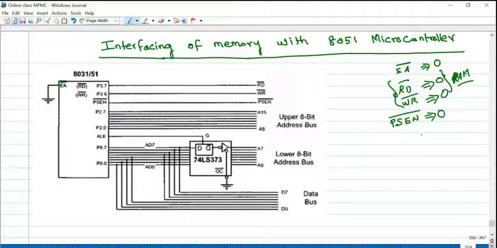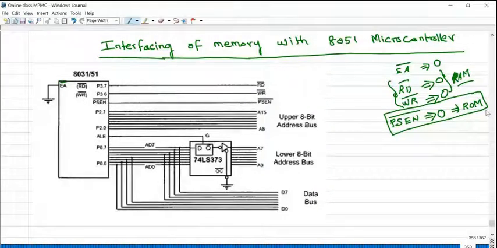This pin is used for reading data from ROM, read only memory. It is similar to the read bar signal, but particularly used for reading information from ROM.